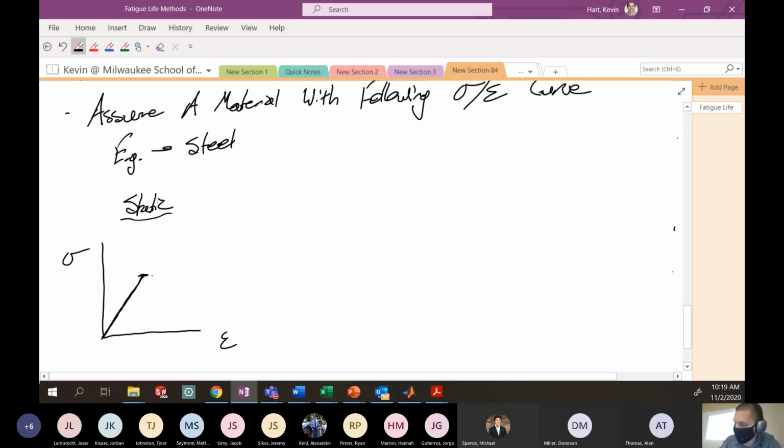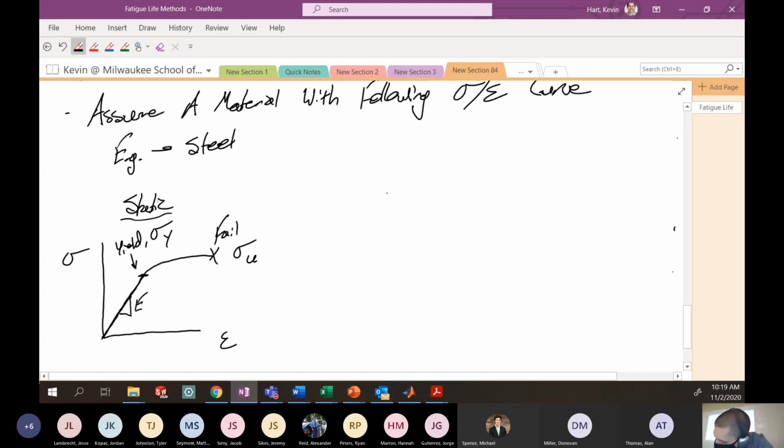So you understand the general idea of yielding, and then this is going to curve over and probably flatten out to something like this. This is a static condition if you just load it to failure. Usually we denote this as the ultimate stress sigma u, and here this is yield, which we typically give with sigma y. This shouldn't be too foreign for you guys, yes? We know that this linear portion here is the modulus, right?